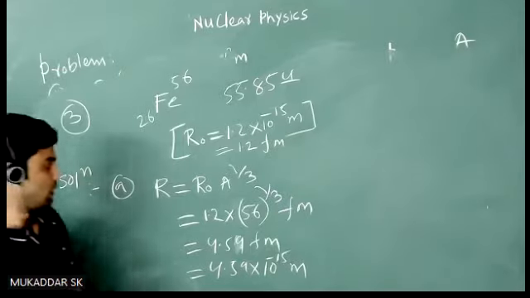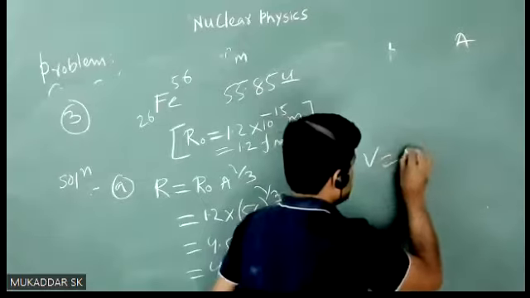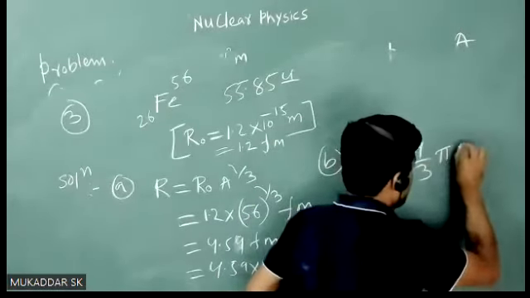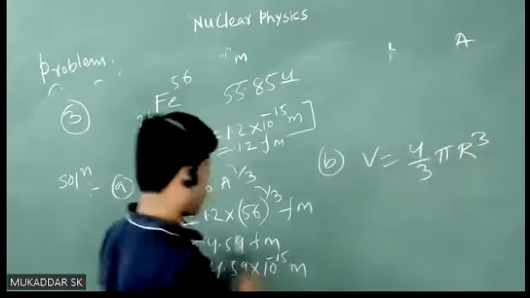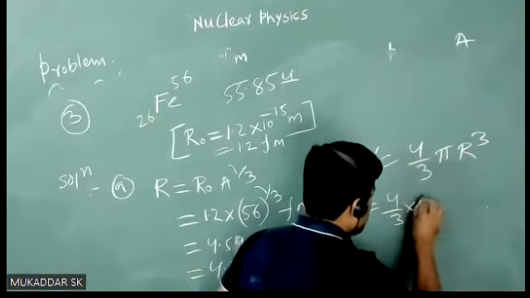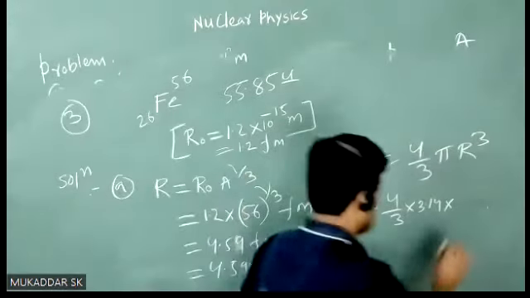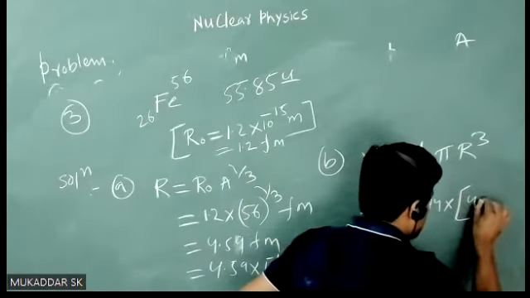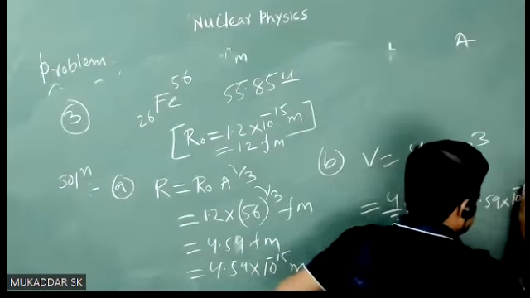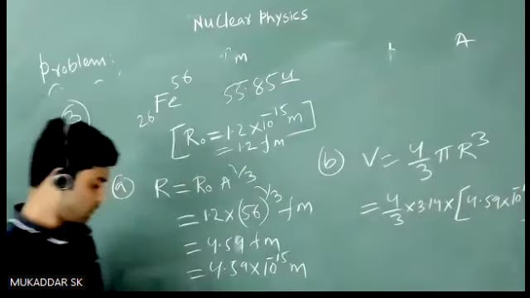Second part is also very simple. It's a volume. Since it's spherical, so 4 by 3 pi r cube, and r you already have calculated. So it will be 4 by 3 pi, that is 3.14, and r is 4.59 into 10 to the power minus 15 meter, and of course it will be cubed.